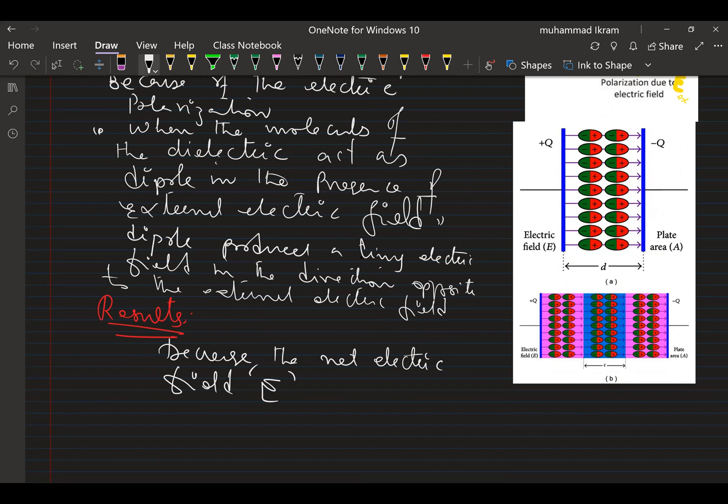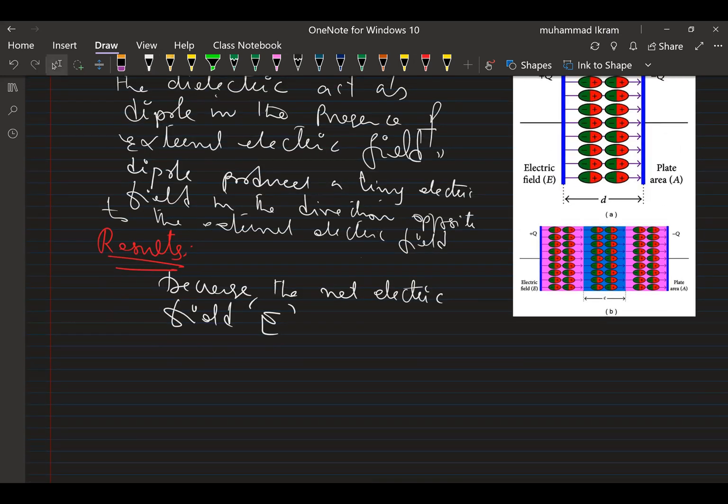Now if E decreases, what does this mean?